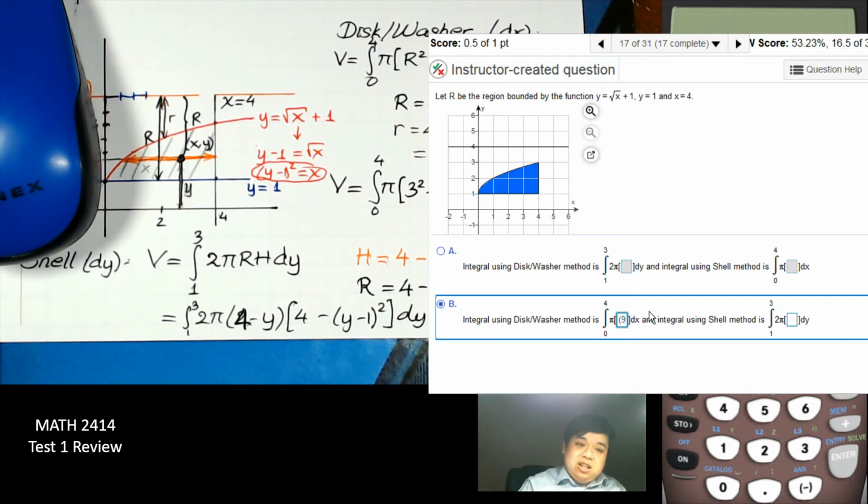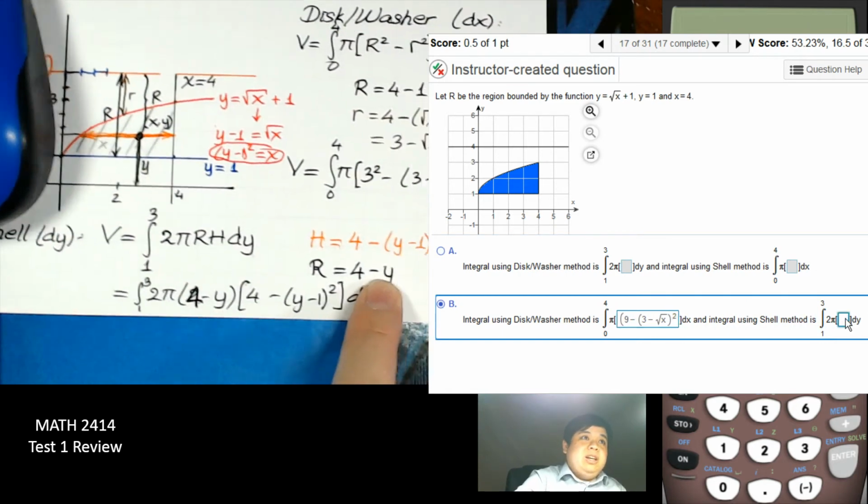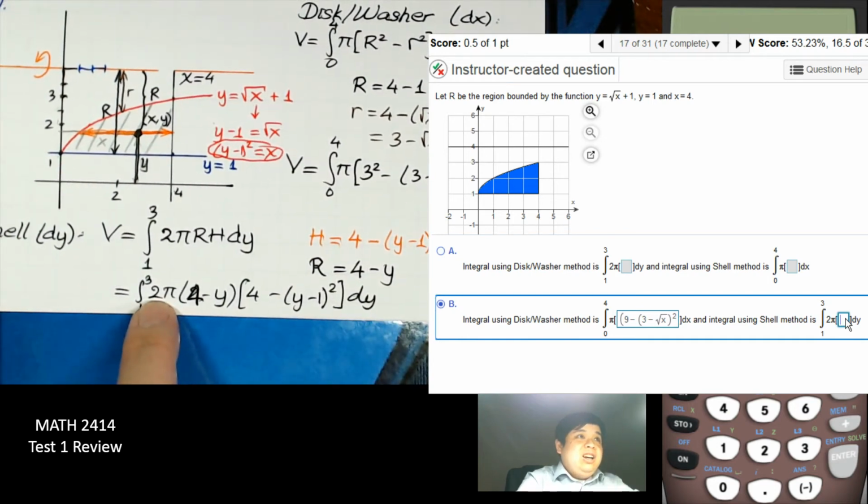Let's use 9 instead. Yeah, just copy from here to there.